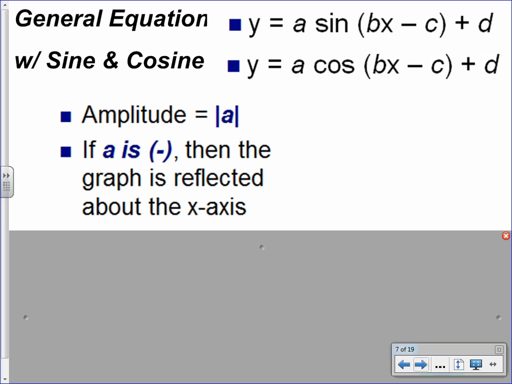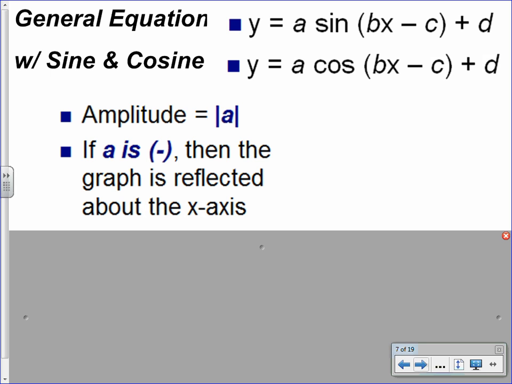b, what does a value in front of the x do? A number multiplied outside stretches or shrinks vertically. A number multiplied inside stretches or shrinks horizontally. So specifically with the sine or cosine graph, what's that going to affect?